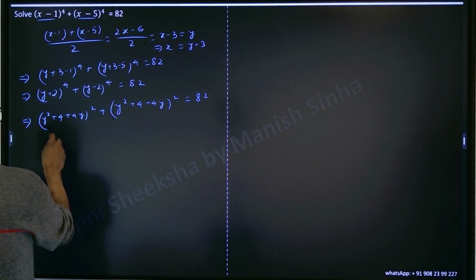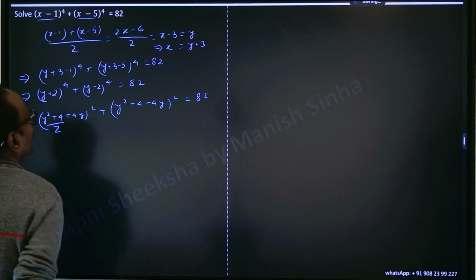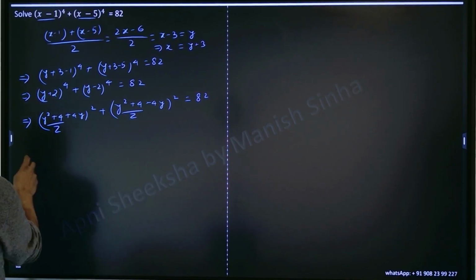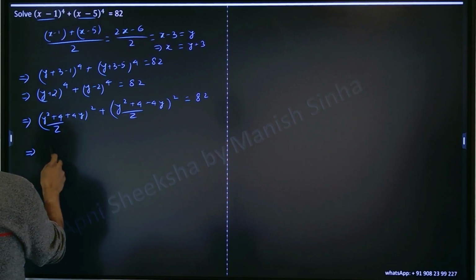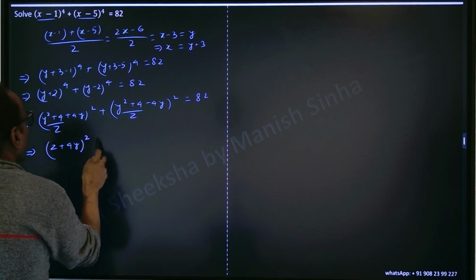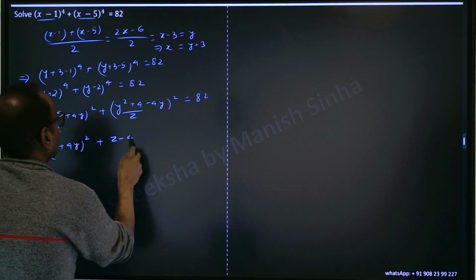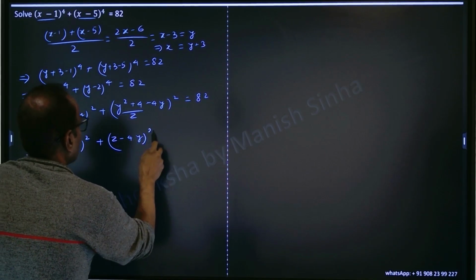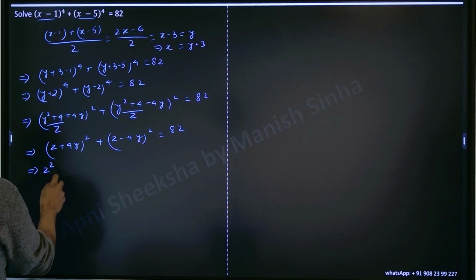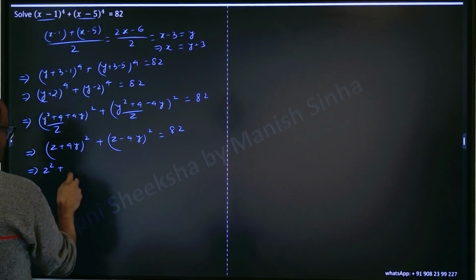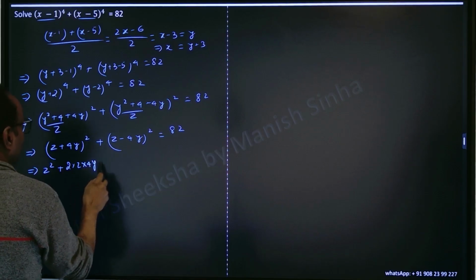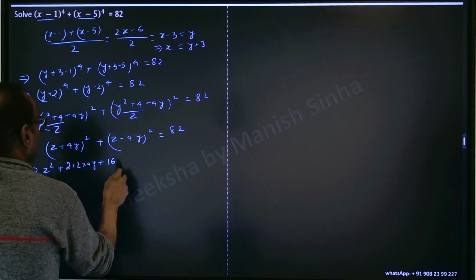So can we take this as z now? y square plus 4 is z. Expand and see. So this expression has become z square plus 2 into z into 4y plus 16y square.